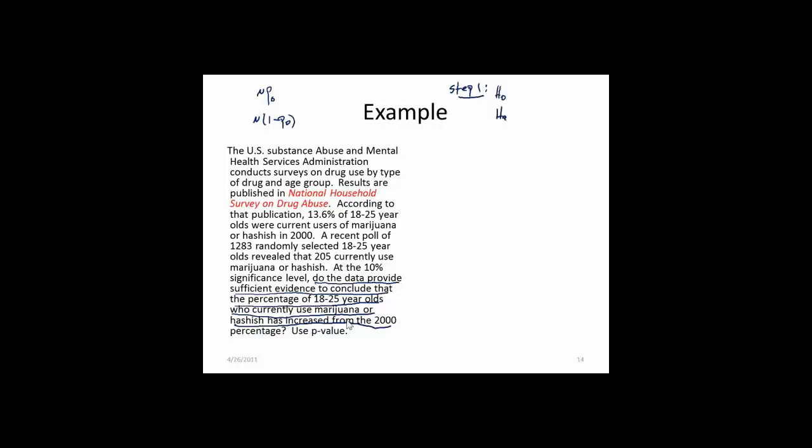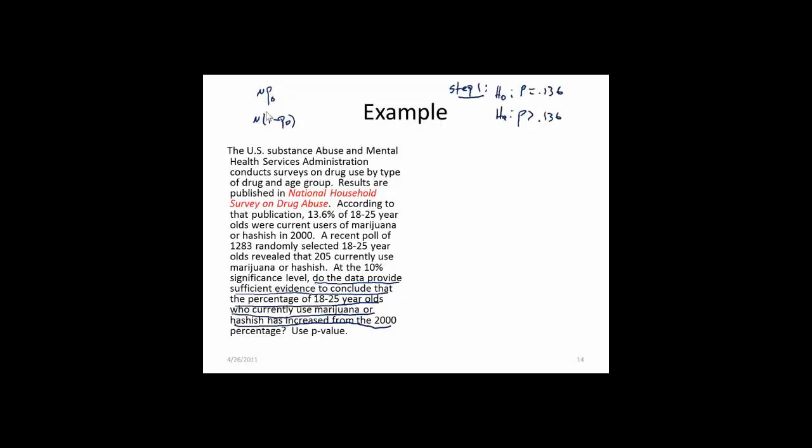Is that going to be the null or the alternative hypothesis? So what's my alternative hypothesis? p is greater than 13.6, but again, we'll write these in decimals, so 0.136. So our null hypothesis is going to be what? p equals 0.136.